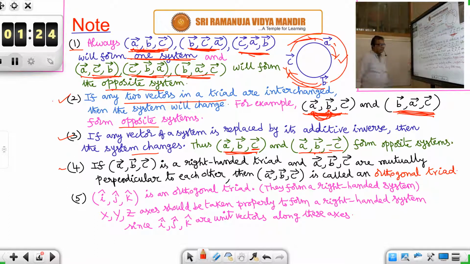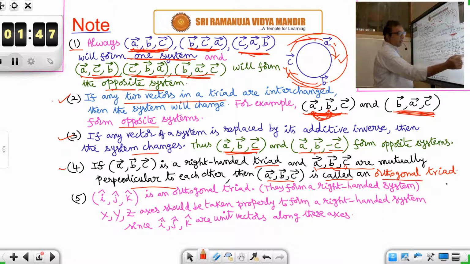Okay. Next, the fourth one. If A bar, B bar, C bar is a right-handed triad, and also A bar, B bar, C bar are mutually perpendicular to each other, that means A bar, B bar perpendicular, B bar, C bar perpendicular, C bar, A bar perpendicular, then A bar, B bar, C bar is called an orthogonal triad.